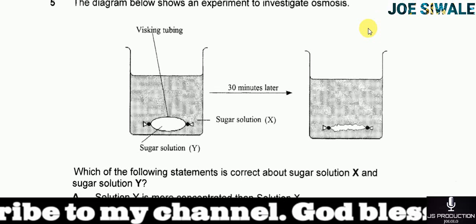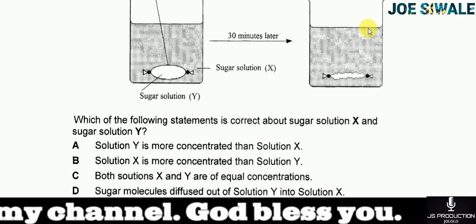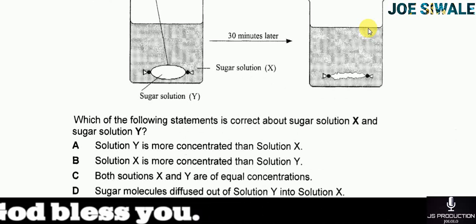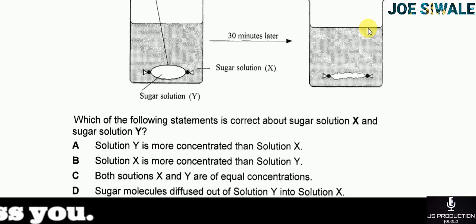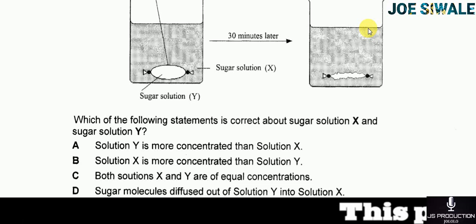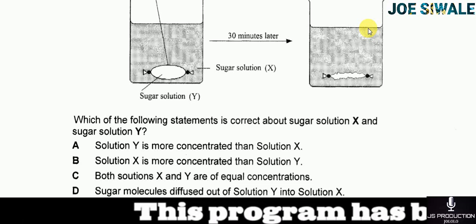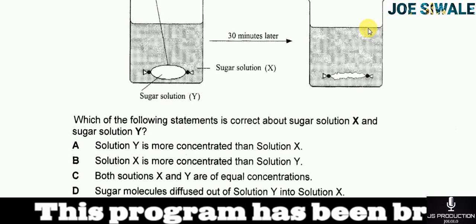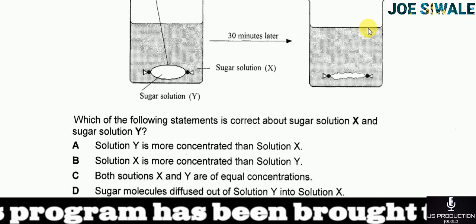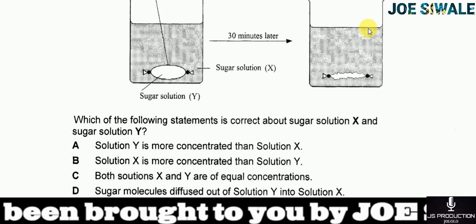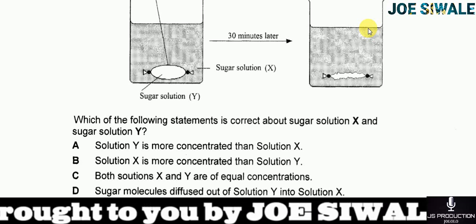So the question proceeds and says, which of the following statements is correct about sugar solution X and sugar solution Y? A states solution Y is more concentrated than solution X. B states solution X is more concentrated than solution Y. C states both solutions X and Y are of equal concentration.